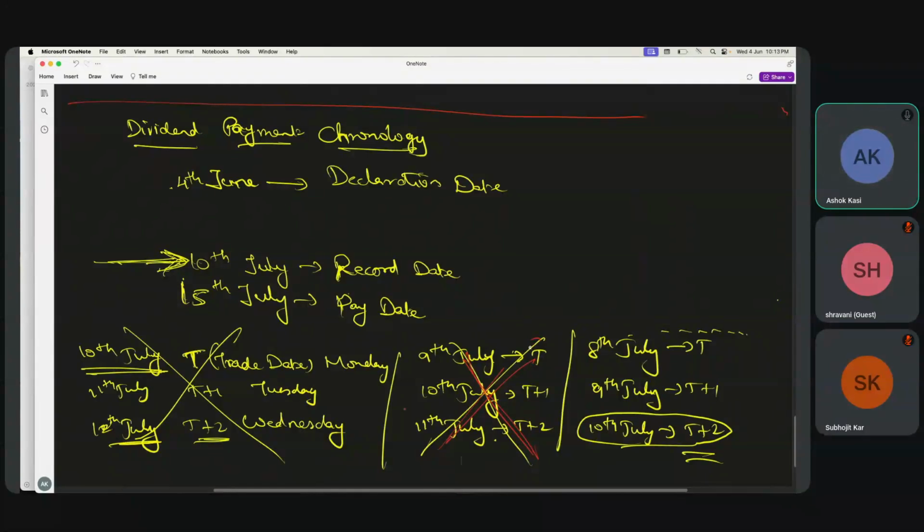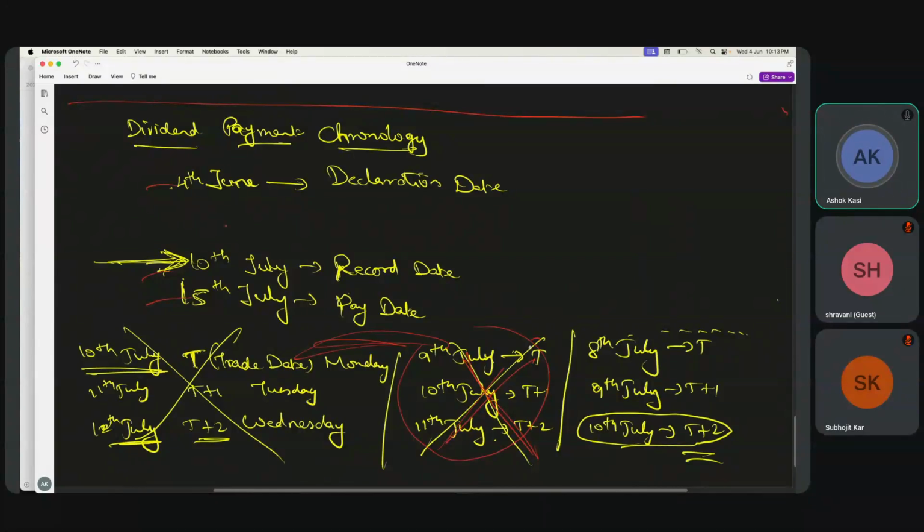If you are actually the investor, would you like to sit and calculate, or would you want ready-made information? You would like ready-made information, right? So the company will give all these dates, that 9th and after 9th, you are not eligible for dividend.